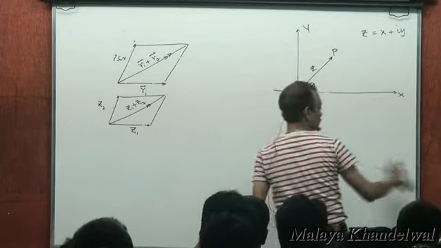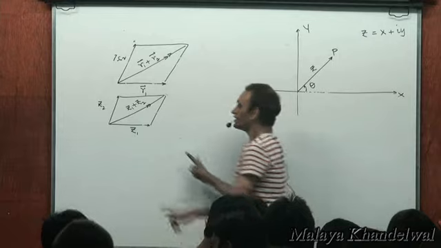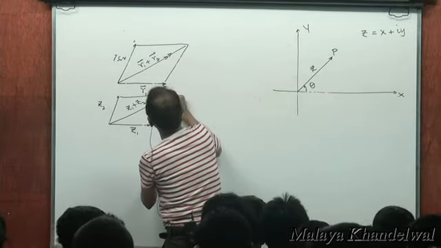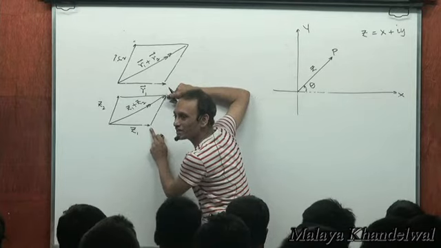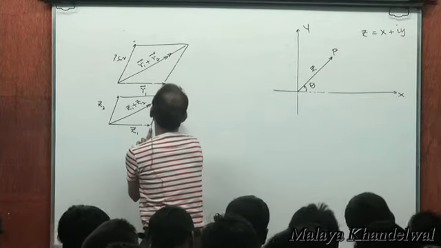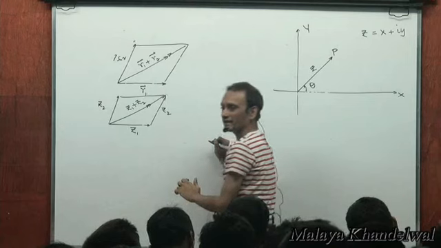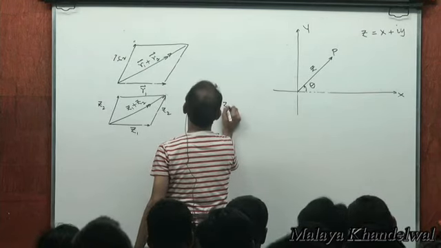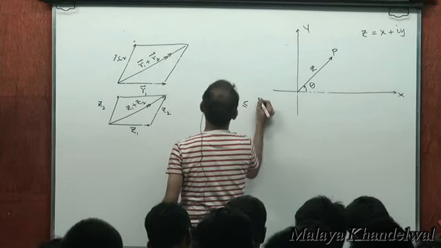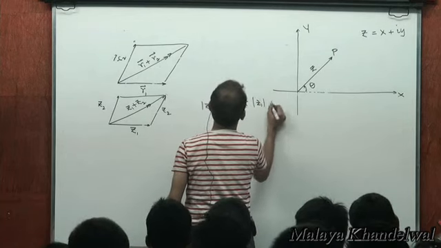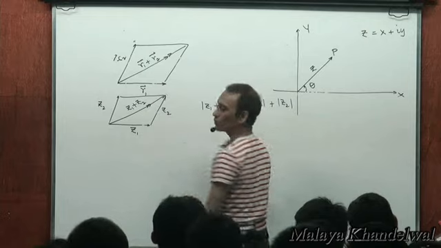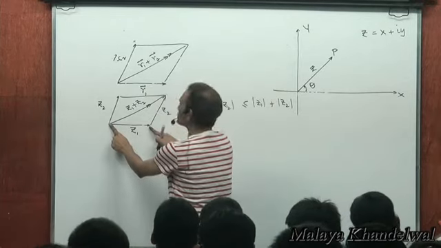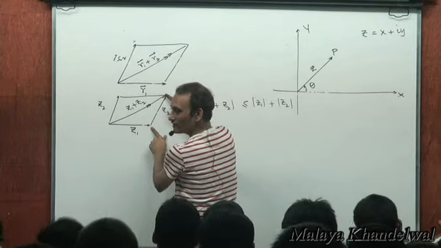Also, this length is mod z1. Now, if this vector is z2, what is this vector? This is also z2 essentially, right? Now, can I say mod of z1 plus z2 is less than or equal to mod z1 plus mod z2? This length is mod of z1 plus z2, this is mod z1, this is mod z2.